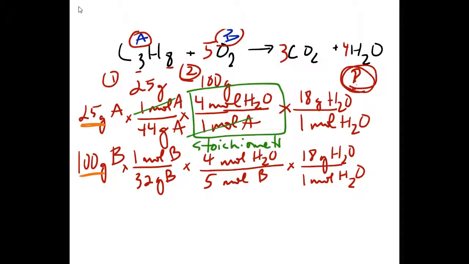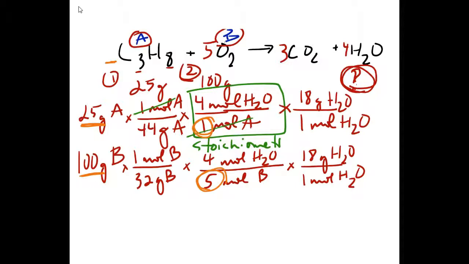But only a novice chemist would say, oh, well then the 25 grams of propane are going to run out. Because that's not what it comes down to. If you look at this, in the propane problem, you're only dividing by 1 mole of propane. That's what its coefficient is. In the oxygen problem, you're going to be dividing by 5. So that's going to affect what's going on.